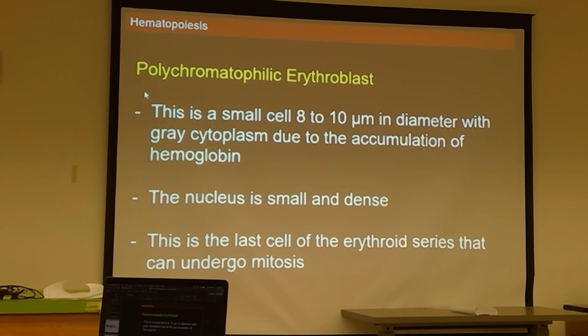The cytoplasm is also going to start looking more gray. The last one was more bluish, purpley gray. Now it's looking more palish gray. So the color's starting to change, the cell's getting smaller, and we have a checkerboard nucleus. That's what we're looking for on this one. This is our last cell that can undergo mitosis. It's the last in line that's able to make new cells.